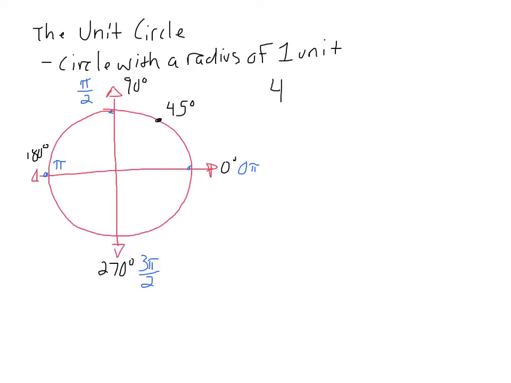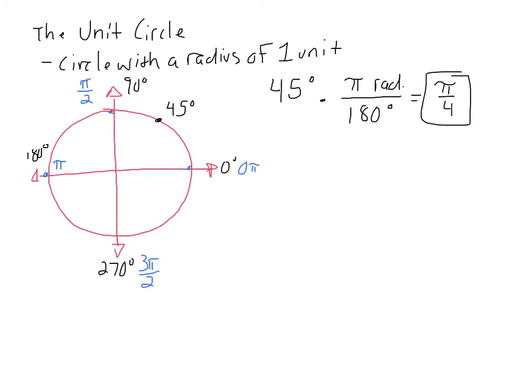So if I had 45 degrees and I want to convert that to radians, I know I have to do 45 times pi radians over 180 degrees, which ends up being pi over 4. So at 45 degrees, I have pi over 4. Now in future examples of the unit circle, I'll be giving you all the measurements, but this is where all of those measurements come from.